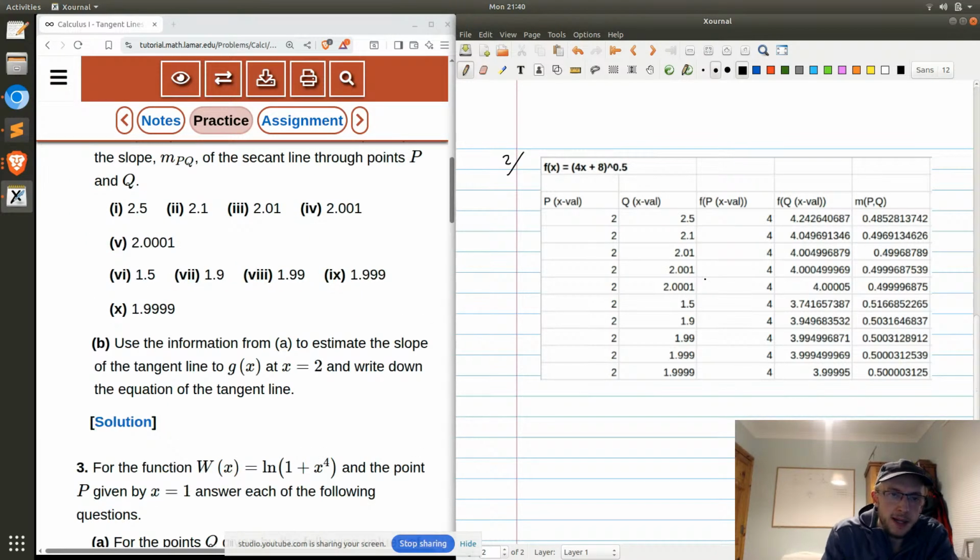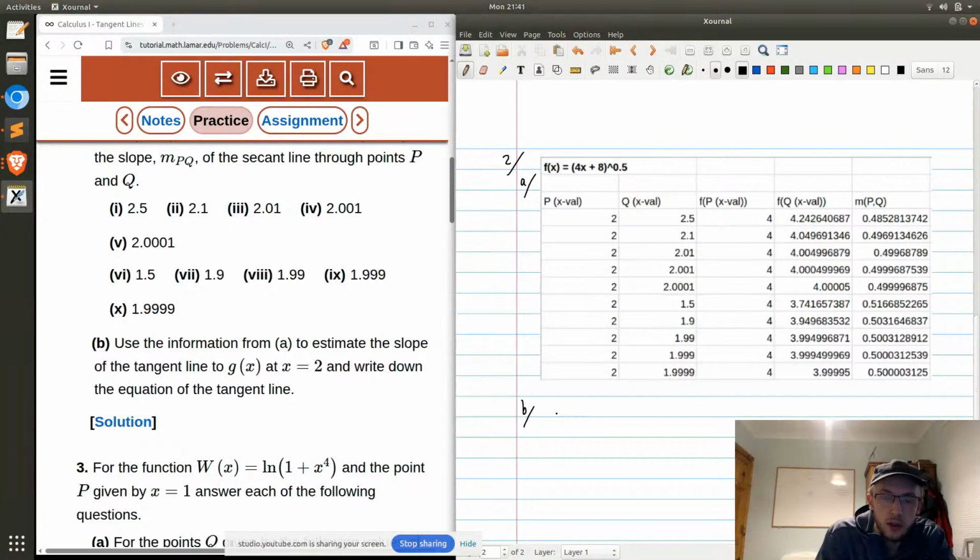Use the information from A to estimate the slope of the tangent line to g of x at x equals 2 and write down the equation of the tangent line. So there's A. And here's part B. We recognize that it's homing in on 0.5.